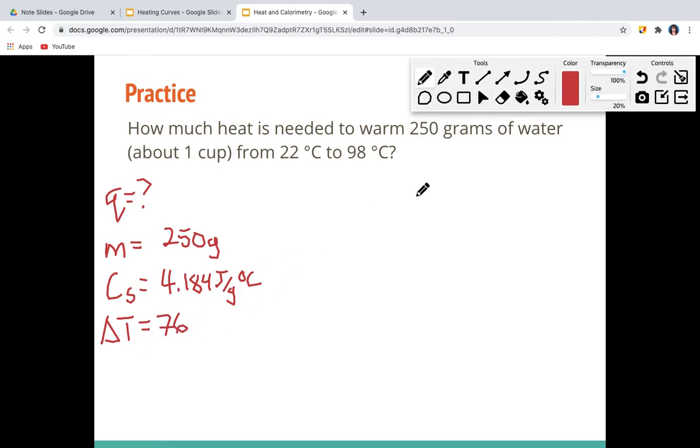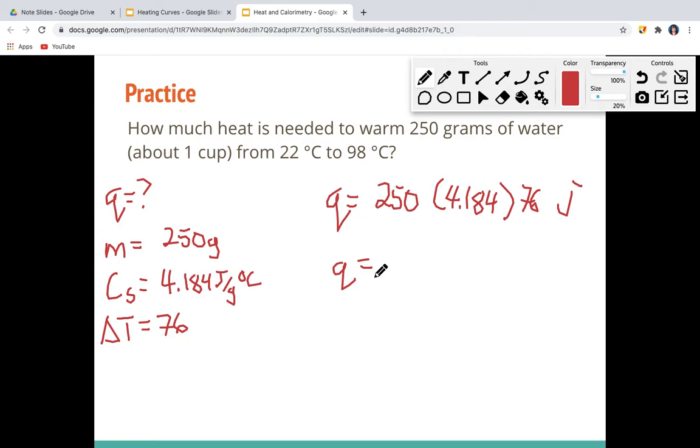So then we're just going to plug this into our equation, which is Q equals m c delta T. Okay, so we have 250, excuse me, off by an order of magnitude there, times 4.184 times 76. If those all multiply together, our label is going to be in joules.